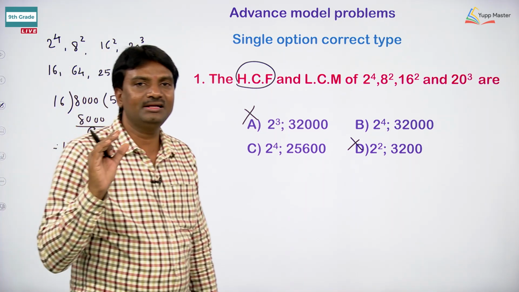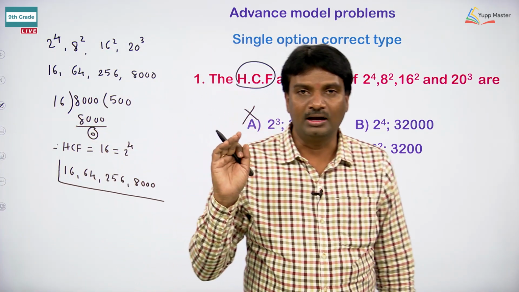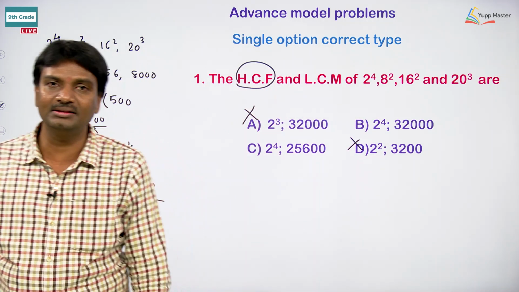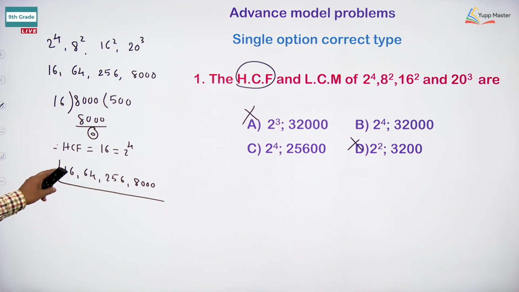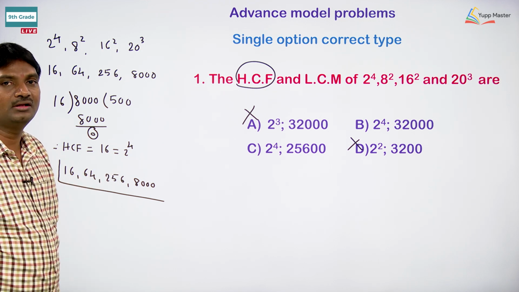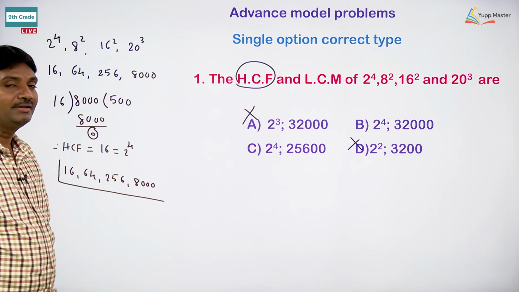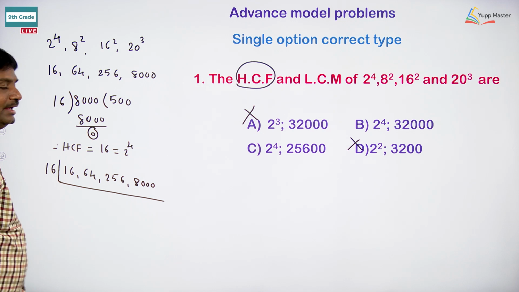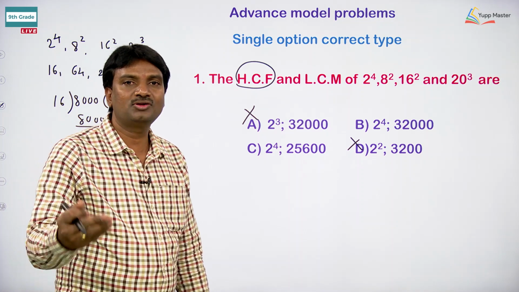But the condition is that at least 2 of the given numbers must be divisible by the chosen number. If you take 16, 16 is divisible by 16, 64 is divisible by 16, 256 is also divisible by 16, and 8000 is also divisible by 16. So I am directly taking 16, or you may start with 2.